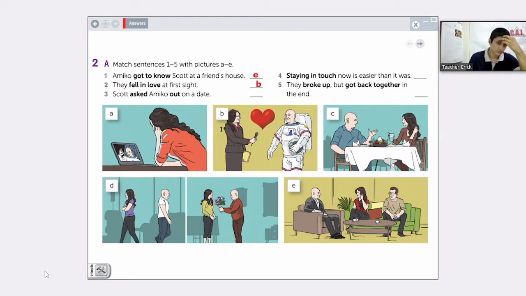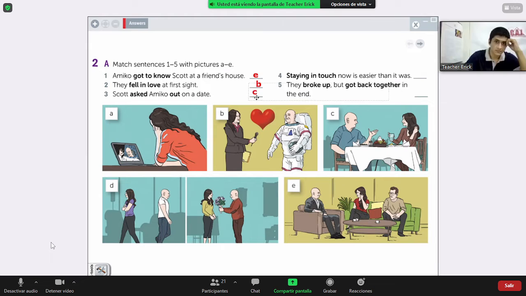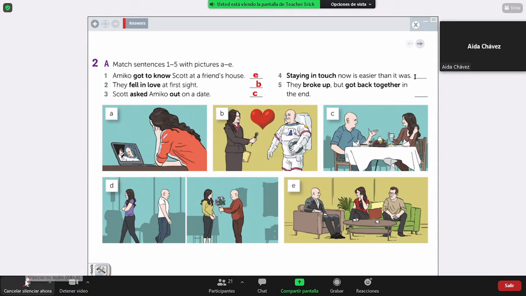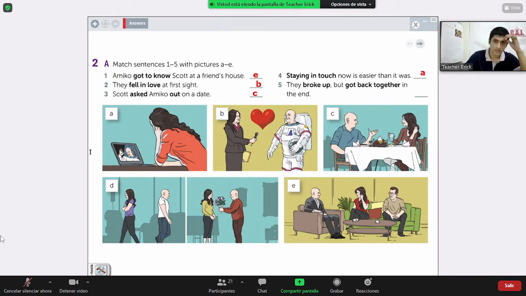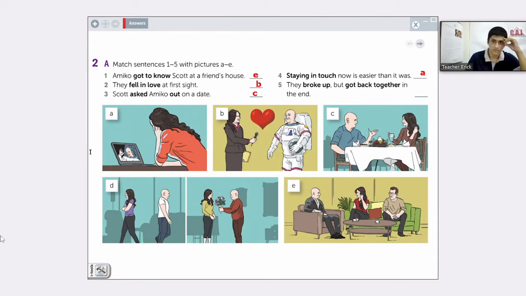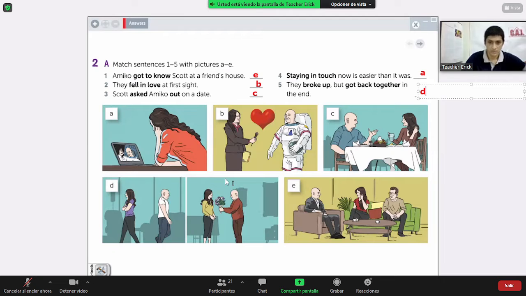What picture? C, okay, and number 4, staying in touch. Letter A. Okay, and they broke up but got back together in the end. The last one. D. Okay, which one is broke up? The first picture or the second one?